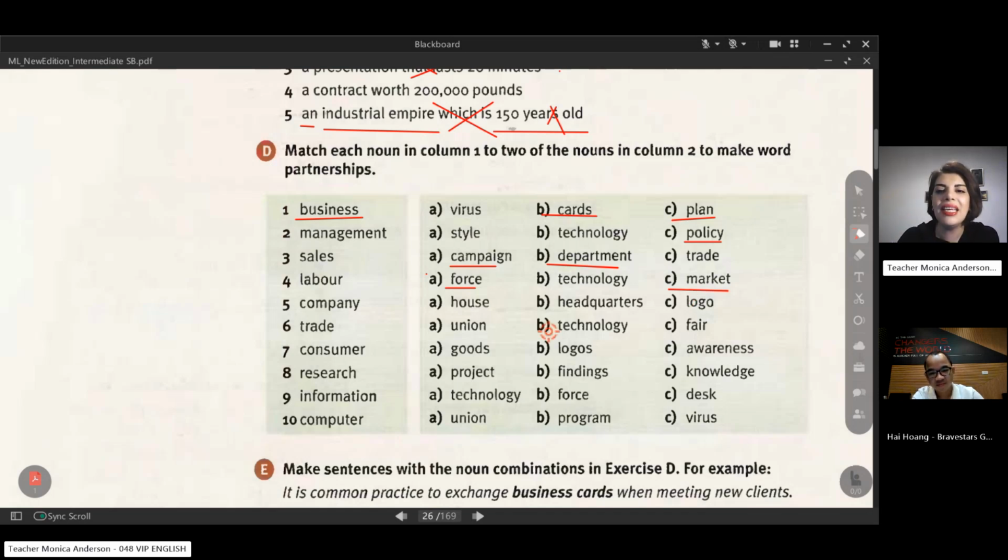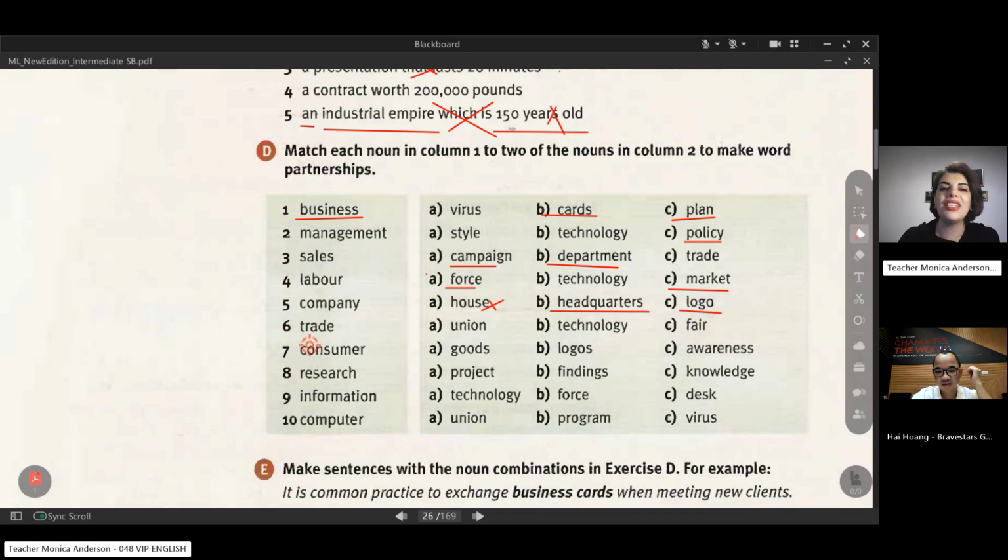Okay, company. Company headquarters and company logo, both make sense.